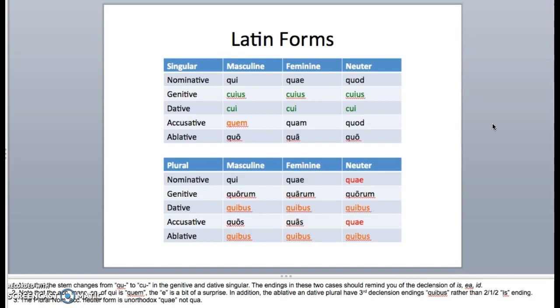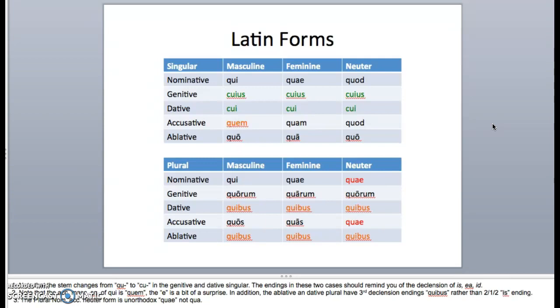The other thing we want to pay attention to is that the accusative singular is quem, so it actually has a third declension accusative singular form, rather than the second declension, which we might expect, given that the rest of the forms are largely going to follow 2-1-2 endings.